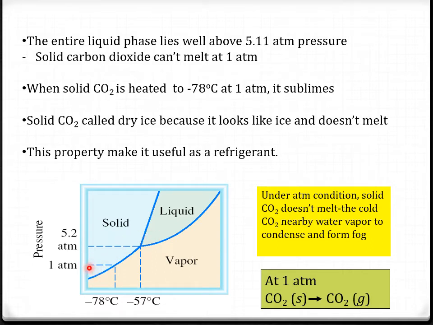When solid carbon dioxide is heated at negative 78 degrees Celsius at 1 atm, the carbon dioxide solid sublimes. Sublimes meaning that from solid to gas. Solid carbon dioxide is called dry ice because it looks like ice and doesn't melt.